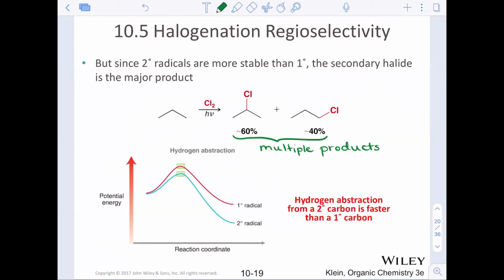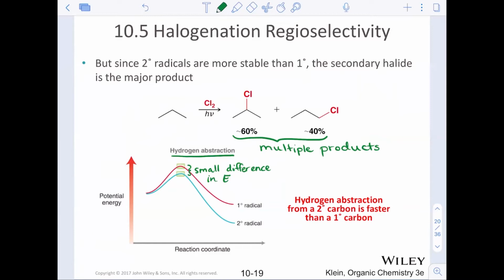And that big overarching reason is because in the rate determining step, the hydrogen abstraction, the transition state difference is very, very small. There is a small difference in energy here. And so either radical will technically form, right? Yes, the secondary carbon is faster than the primary, but what's of utmost importance to note is that chlorine is not selective.